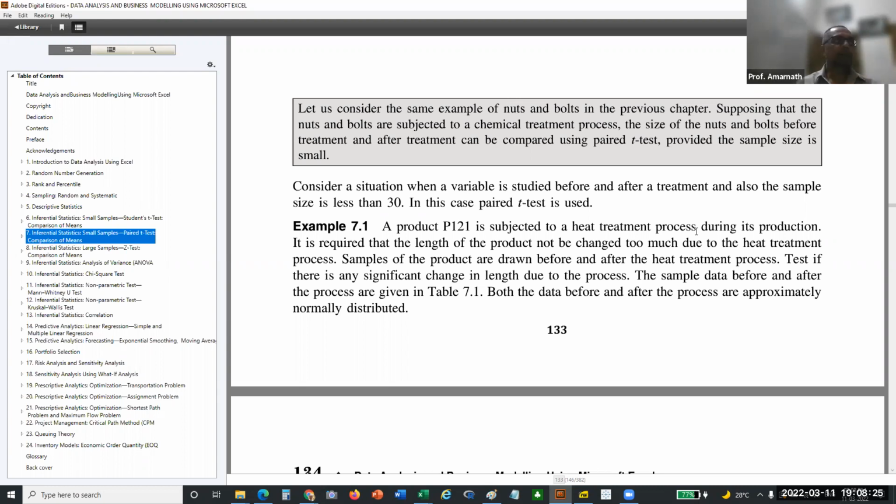Otherwise, that question always arises in every inquisitive mind: normal is not the end of everything in life. At least for academic purposes we take this, and that too for a class which is a bridge course. We cannot deviate, because doing examples from other distributions will be a challenge.